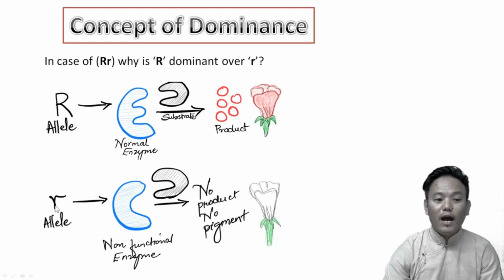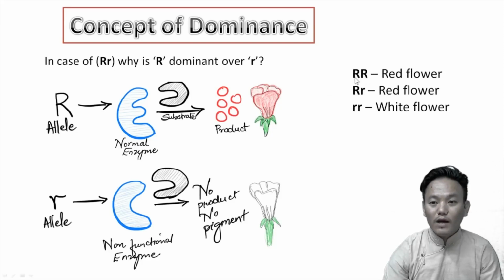So when the small r allele is present, it will produce a white flower. When the capital R allele is present, it will produce a red flower. When two capital R's are present, the flower will be red.